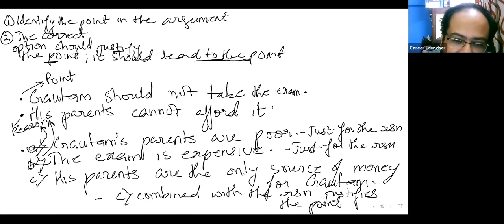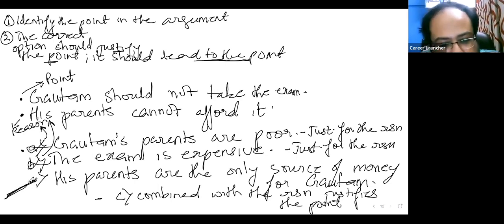Option C says his parents are the only source of money, and his parents cannot afford it. That is why I can justify the point that Gautam should not take the exam. The answer here is only option C. Only option C is the assumption.